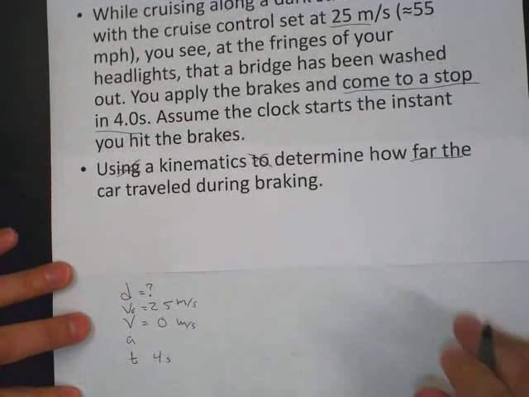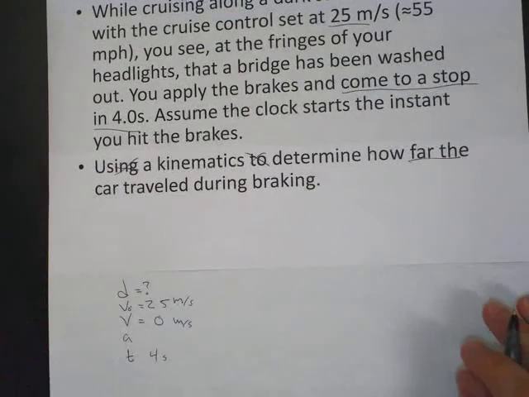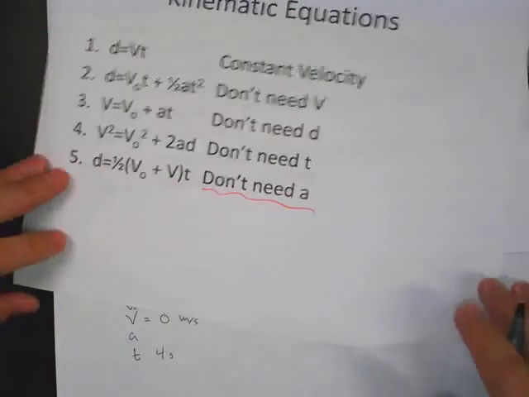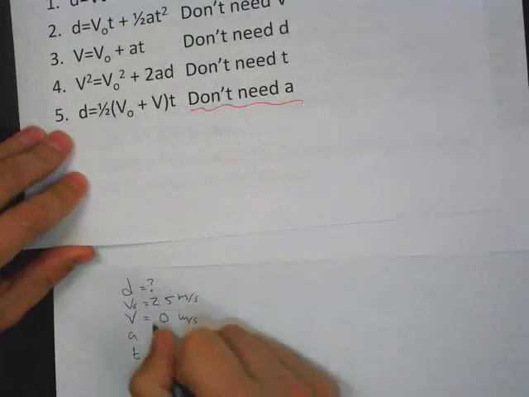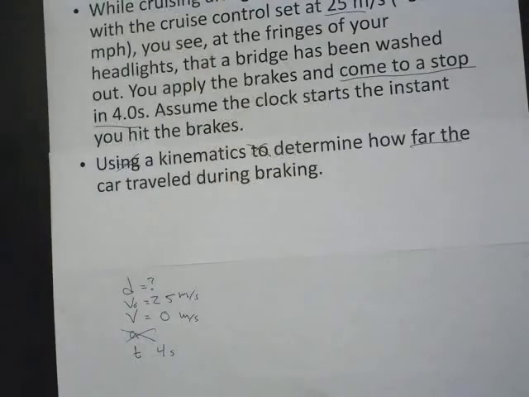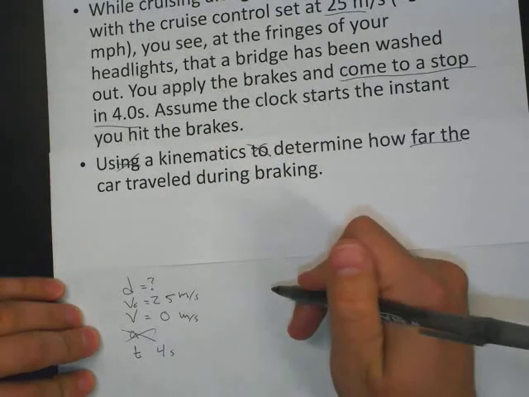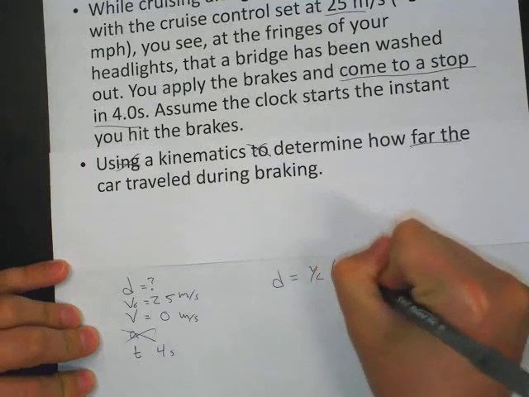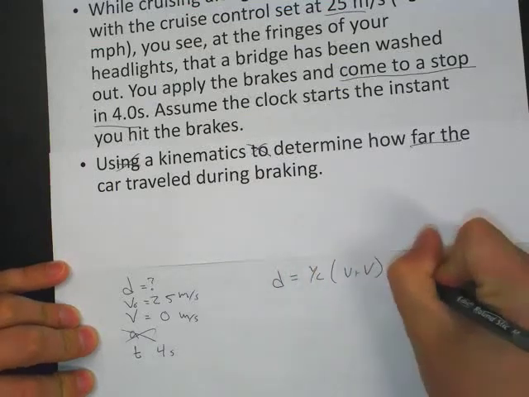Now we need to pick out which equation we are going to use. If we look over here at our kinematic equations, we're going to use the don't-need-a equation again: d equals 1/2 (v naught plus v) times t.